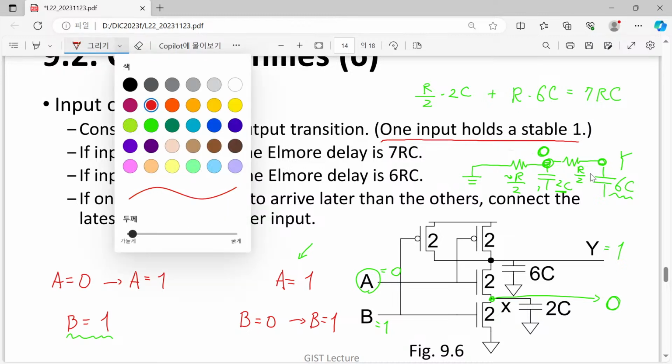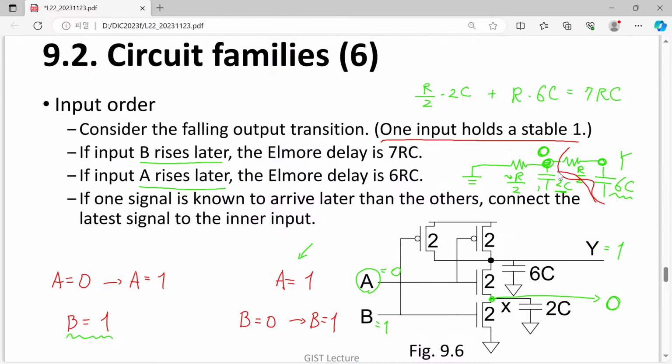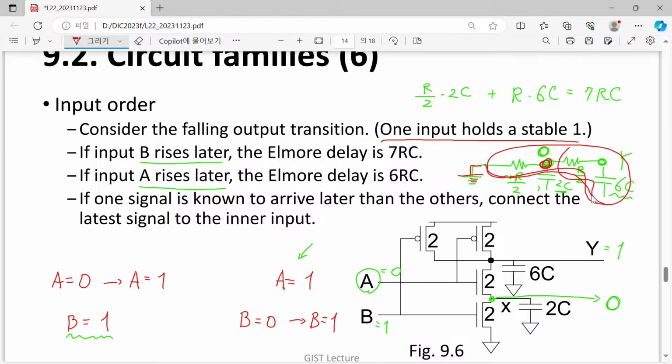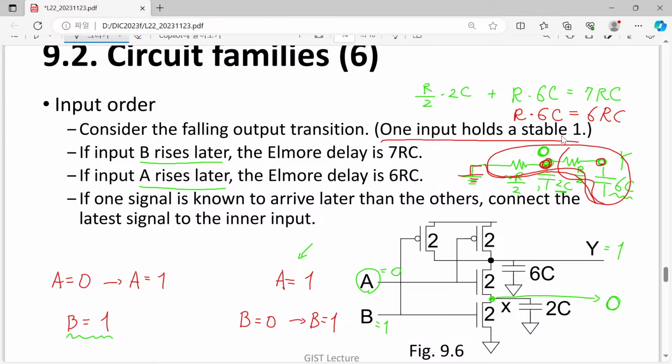Then the remaining thing is only this one. Since here we have the real ground, this is just the intermediate one. So we don't have to discharge this 2C, but we have to discharge this Y node. And simply speaking, the Elmo delay will be R times 6C, so 6RC will be the Elmo delay.